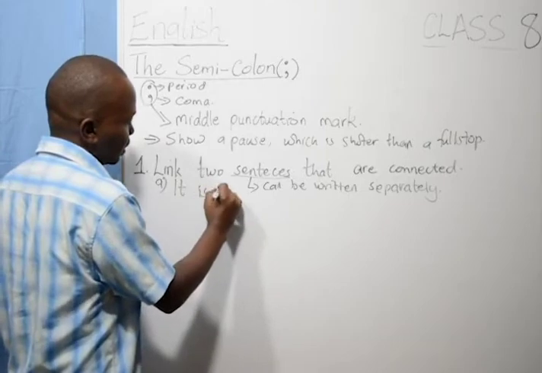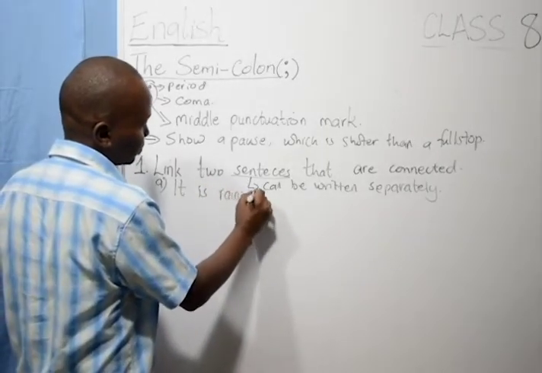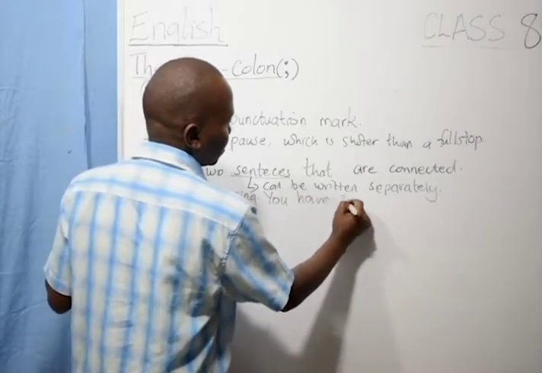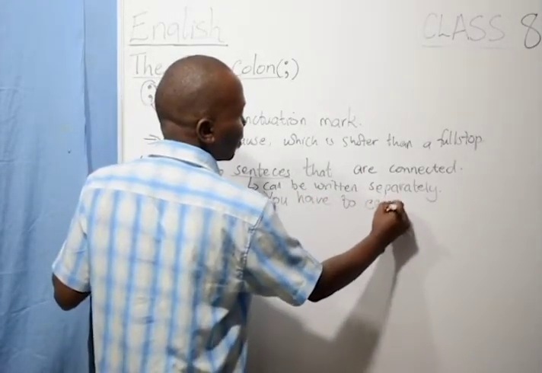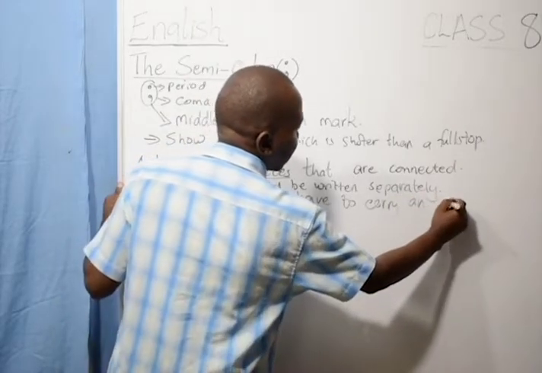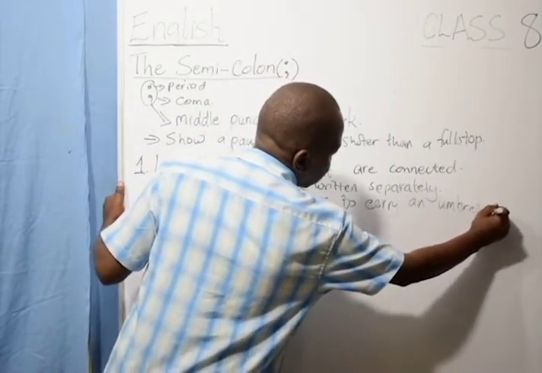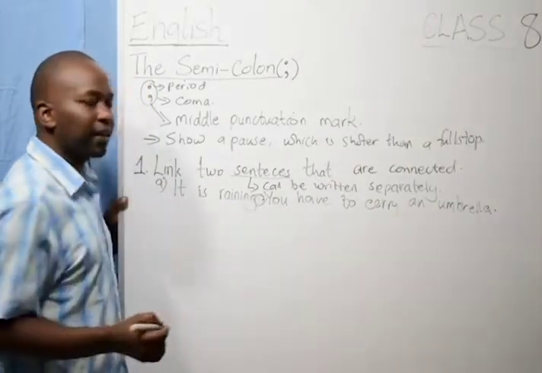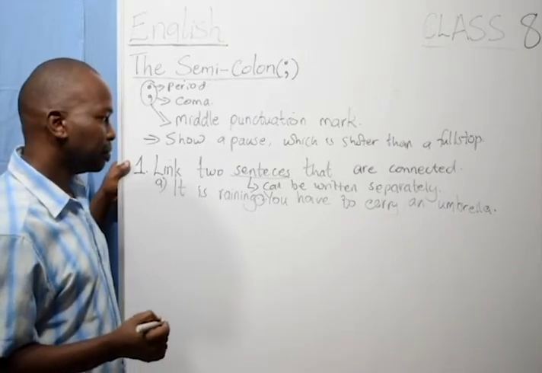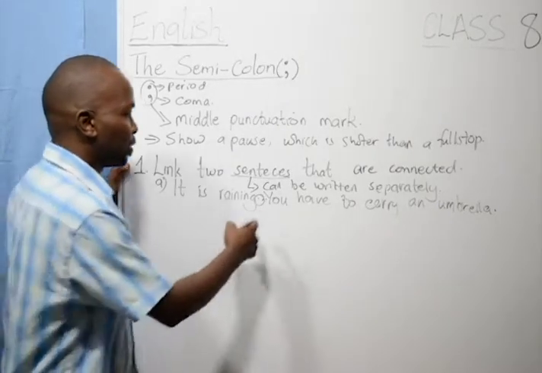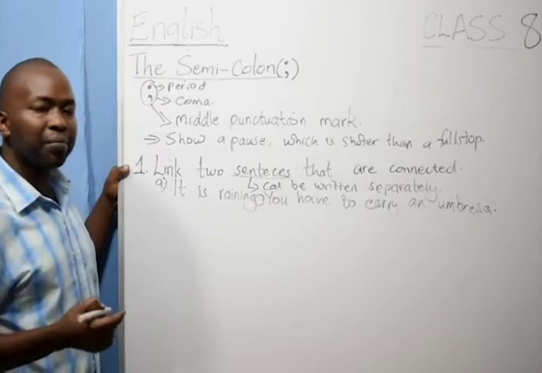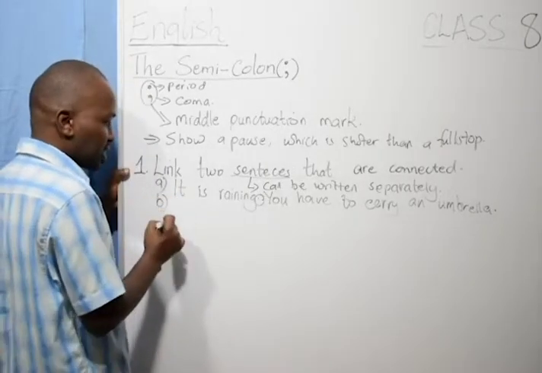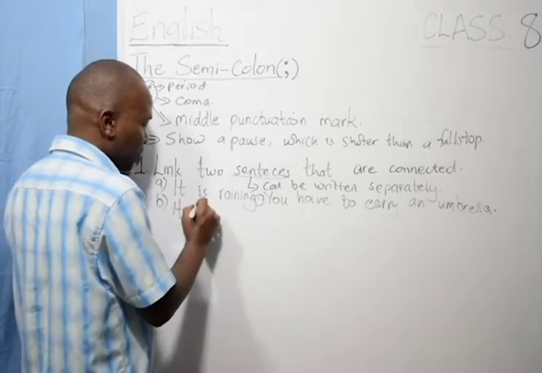It is raining. You have to carry an umbrella. So instead of having this full stop in that sentence, it is raining, full stop, you have to carry an umbrella, we can rewrite this sentence and use a semicolon.